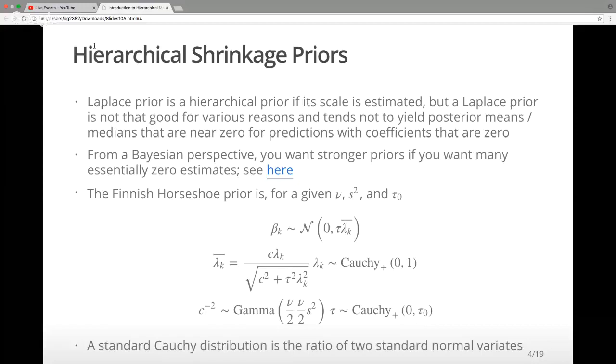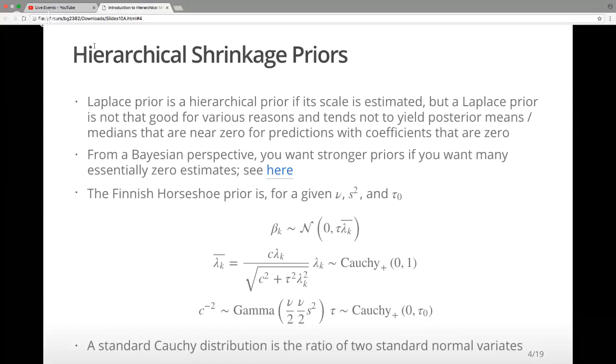Lambda k has a so-called half Cauchy prior on it, a standard half Cauchy prior with a location of 0 and a scale of 1. We haven't explicitly talked about the Cauchy distribution yet, but one way of characterizing it is the distribution of the ratio of two independent standard normals. So an independent standard normal in the numerator, another independent standard normal in the denominator.